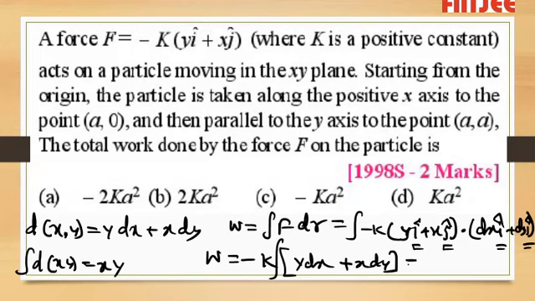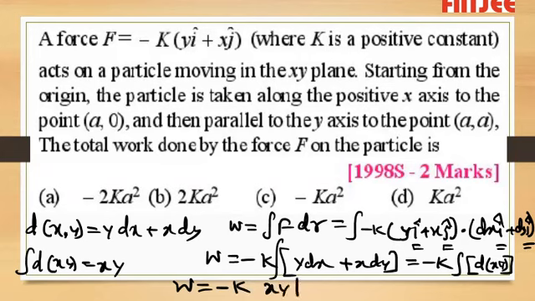So it is nothing but minus k integration, and I have already told you this part, y dx plus x dy, can be written as differentiation of xy. So integration and differentiation will get cancelled. So it is nothing but minus k xy only.